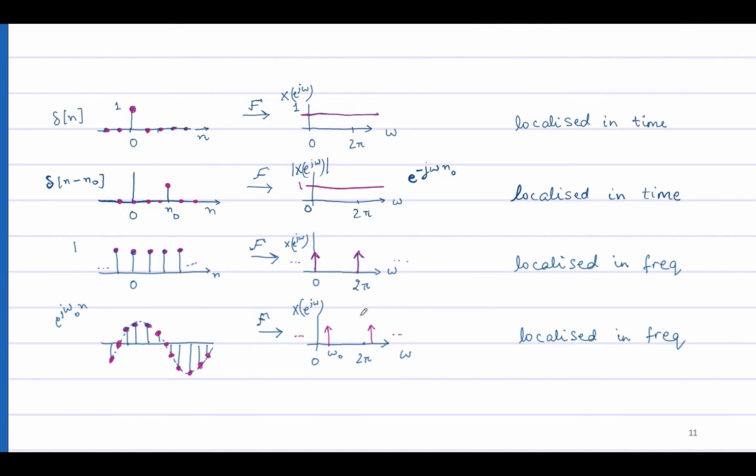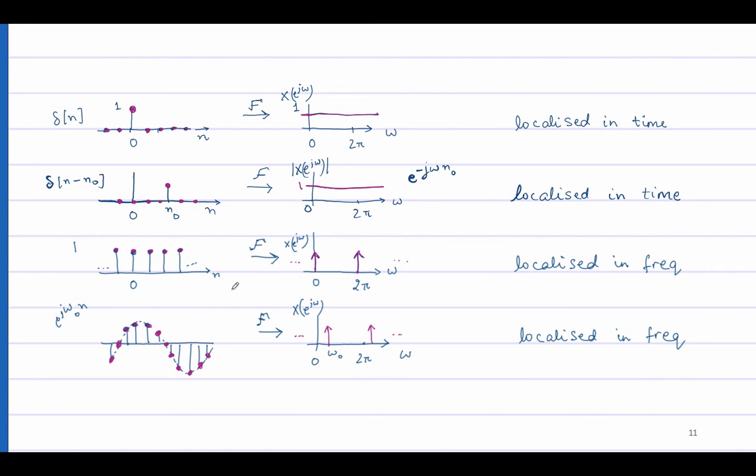If you remember something like Heisenberg's uncertainty principle, it is something like that. Basically, the underlying foundation is the same: something which is highly localized in time will be highly non-localized in frequency, and something which is highly localized in frequency will be highly non-localized in time. This is one essential property which we see from our examples.